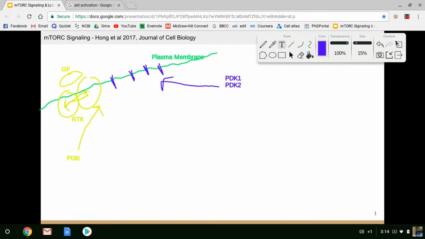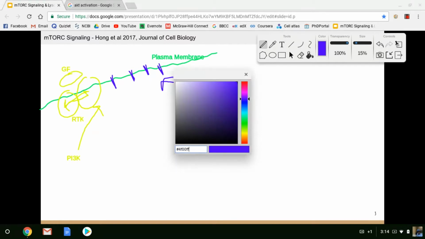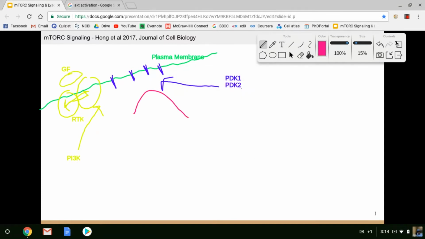When these proteins are recruited to the plasma membrane because of these PI3Ps, it allows these PDK1 and 2 to phosphorylate another protein called AKT. So AKT gets phosphorylated and activated by PDK1 and PDK2.